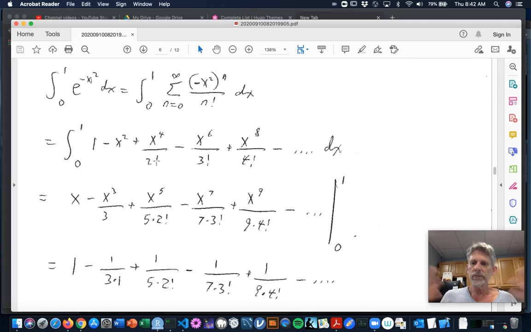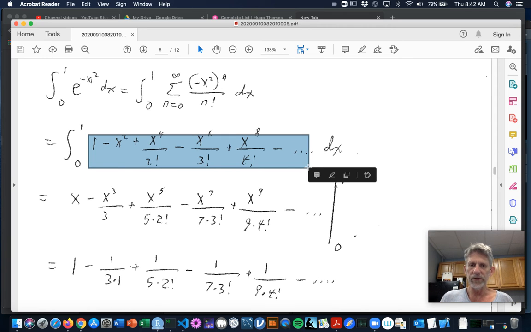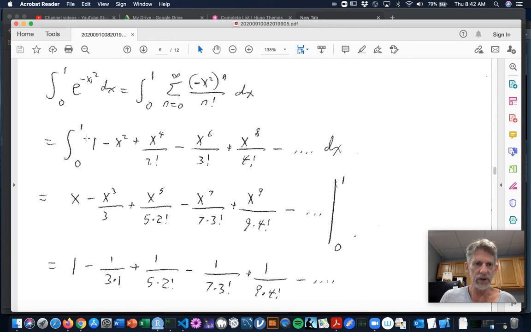And then let's apply the fundamental theorem of calculus. Let's find antiderivatives and evaluate between 0 and 1. So I've got to do an antiderivative of this sum, so I do the sum of the antiderivatives. Antiderivative of 1 is x. Antiderivative of minus x squared is minus x cubed over 3. Antiderivative of that is going to be x to the 5 over 5 times the 2 factorial that's still in the bottom.